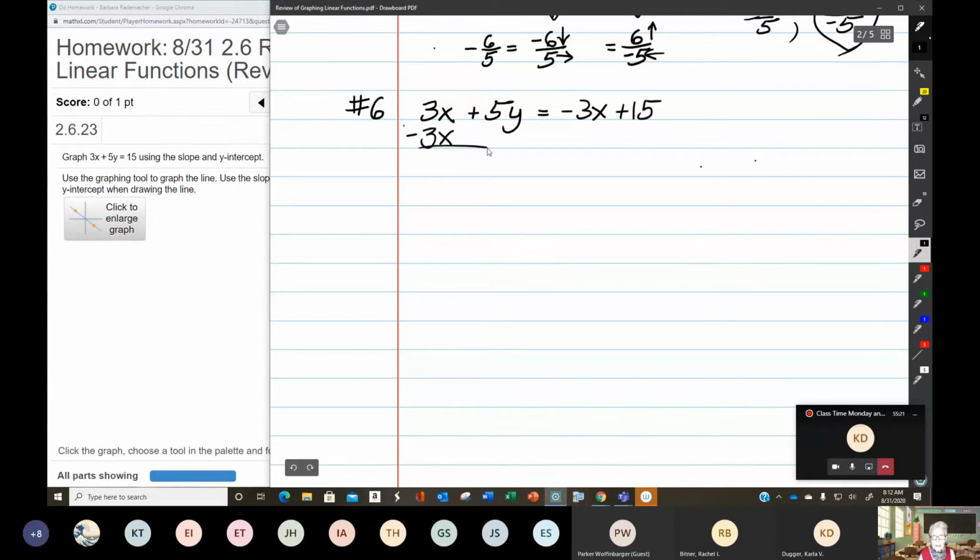Now over here, 3x minus 3x is 0, which leaves me with 0 plus 5y, which is just 5y. Over here, I'm going to have negative 3x plus 15. To get y by itself, I have to divide by 5, and divide by 5.